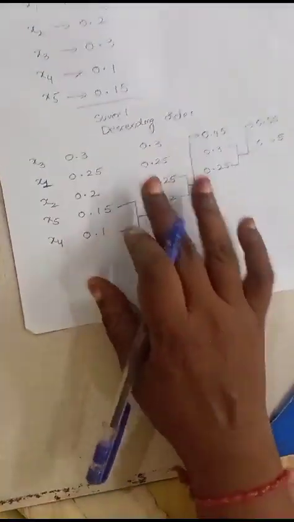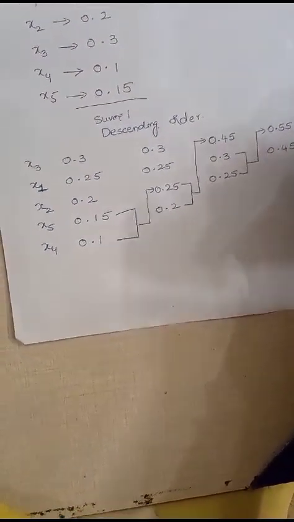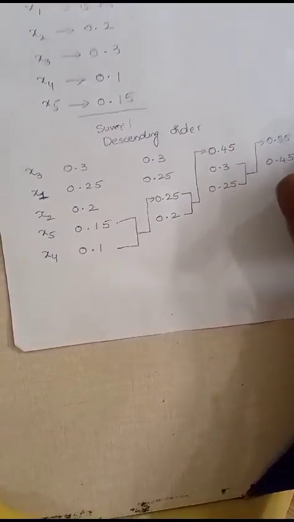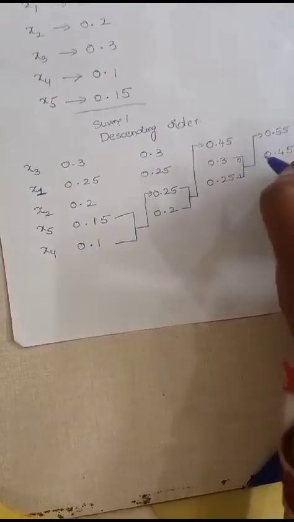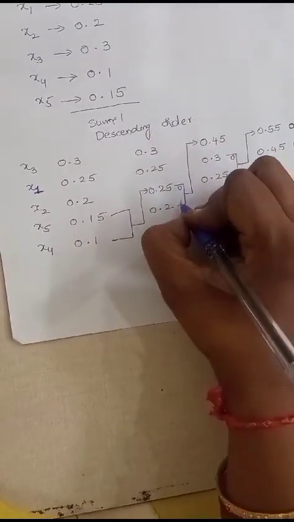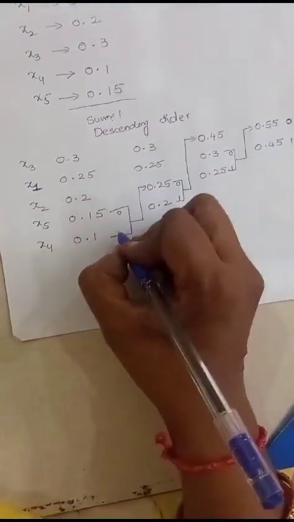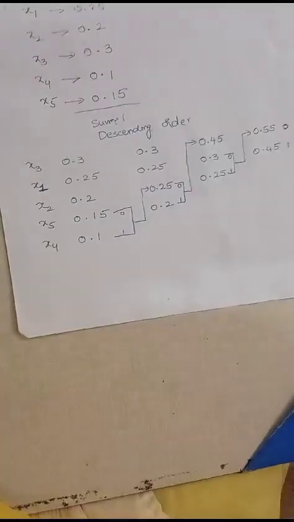Now this is the last stage and we have to assign the codes 0 and 1. So let us assign 0 to the top probability and 1 to the bottom probability in all the cases.